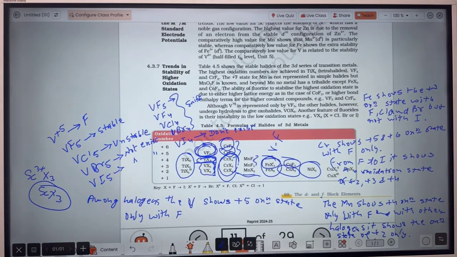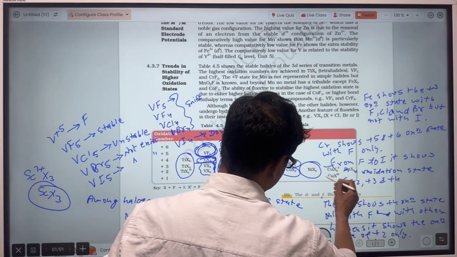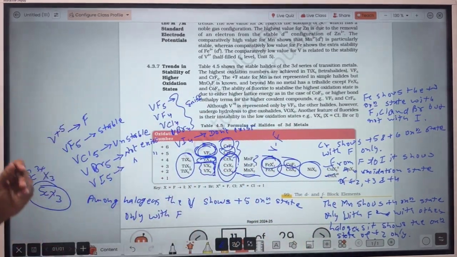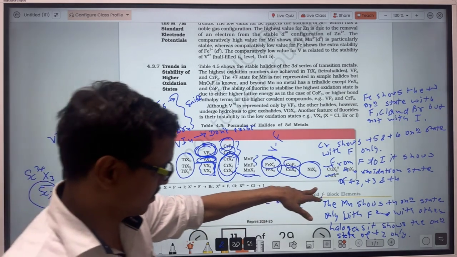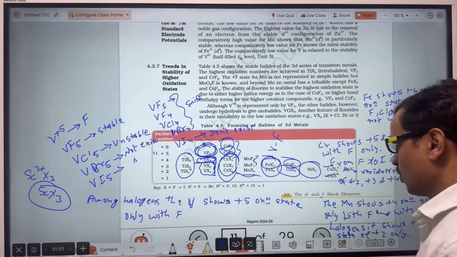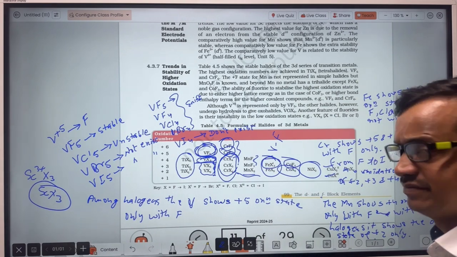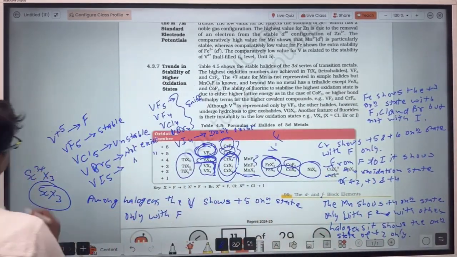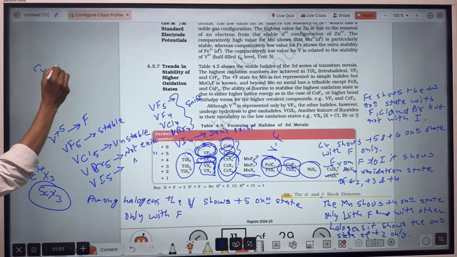In the case of copper, the maximum oxidation state is obviously +2, and +1 is also shown. It shows the +1 oxidation state with chlorine, bromine and iodine, not with fluorine.